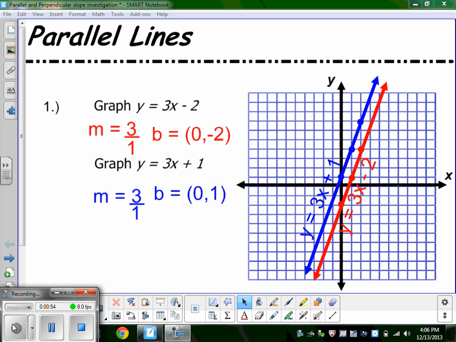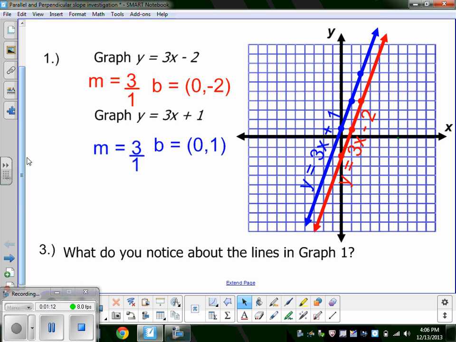What do you notice about the two lines? You should see that these two lines seem to travel at the same angle and never seem to intersect. That being said, if they never intersect, our vocabulary tells us that these lines are parallel.